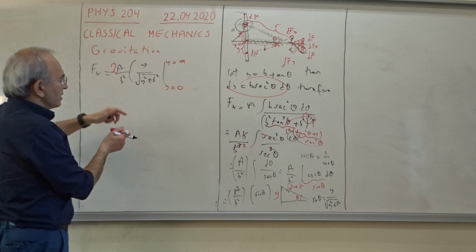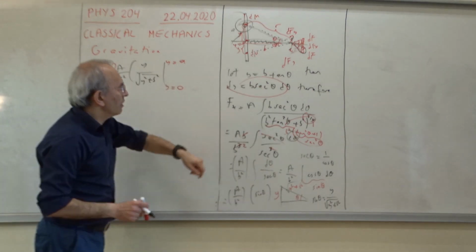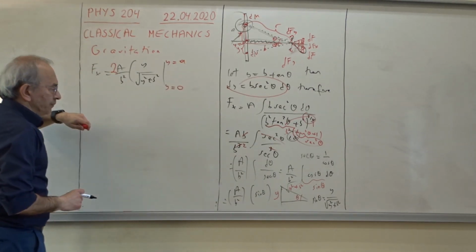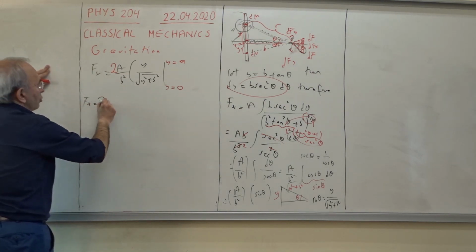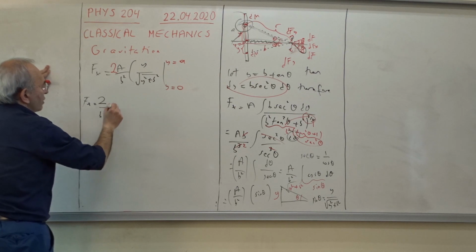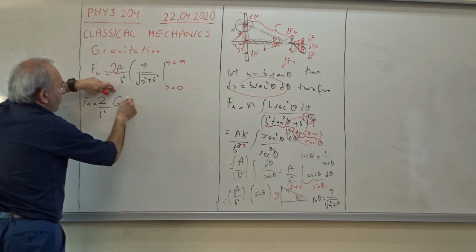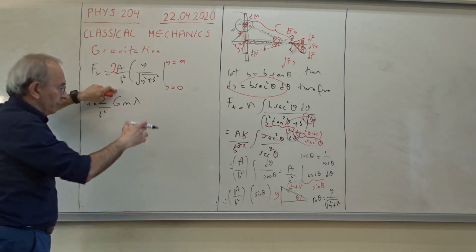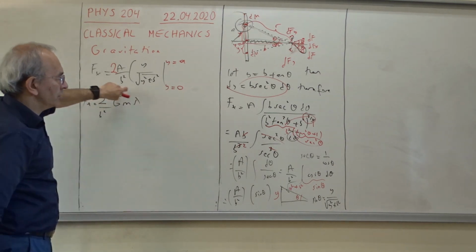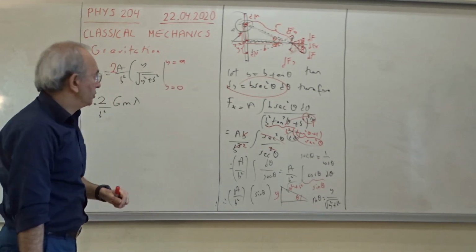So now let's replace a with the previous a. What was it? Fx is just 2 over b squared. A was just capital G, capital M, and lambda, that we have taken outside before this simplification.